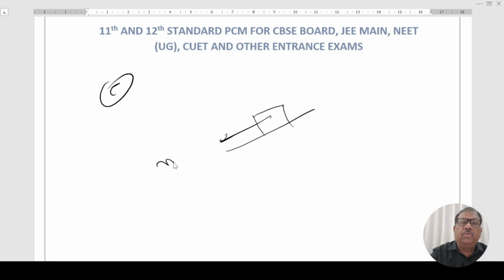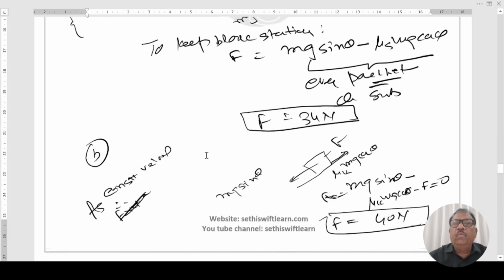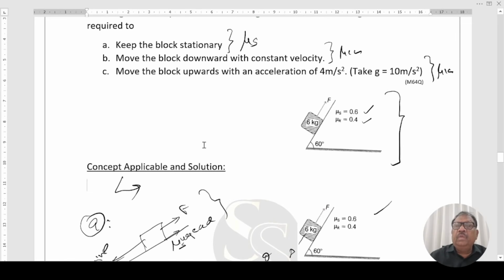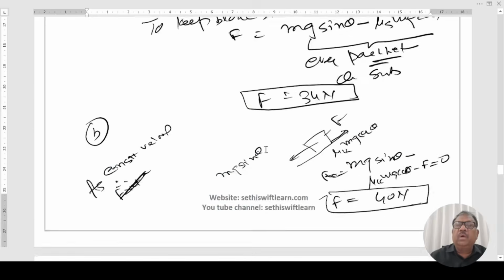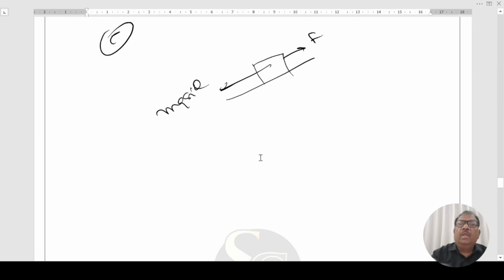mg sin theta always downward. This force is like this, and we have to move with acceleration of 4 meters per second square. It is moving upward, so friction force will be acting downward, mu k mg cos theta.